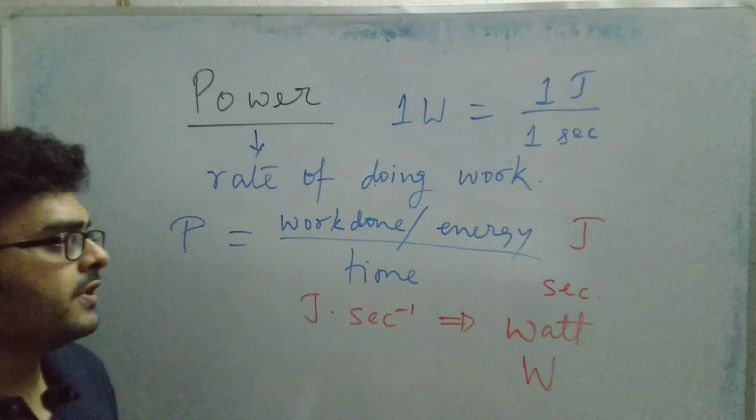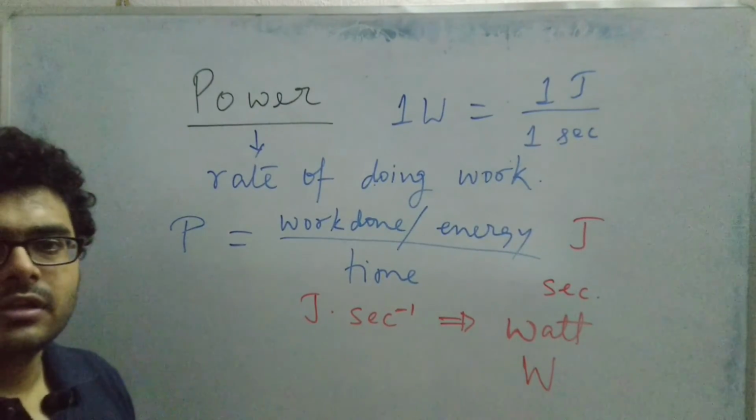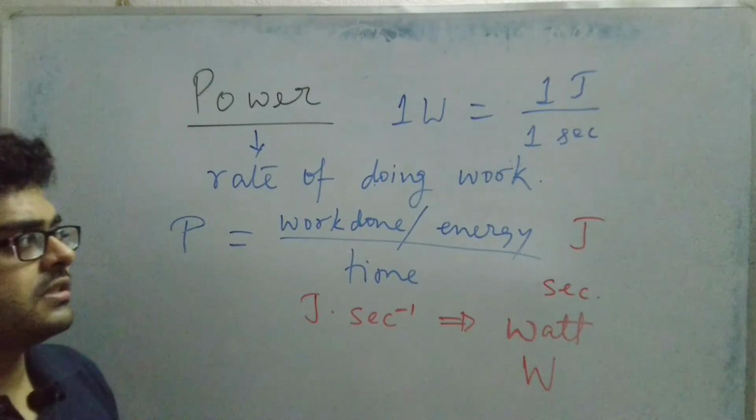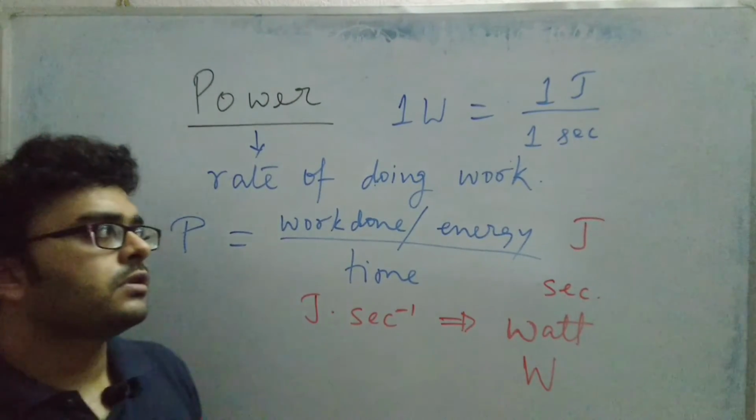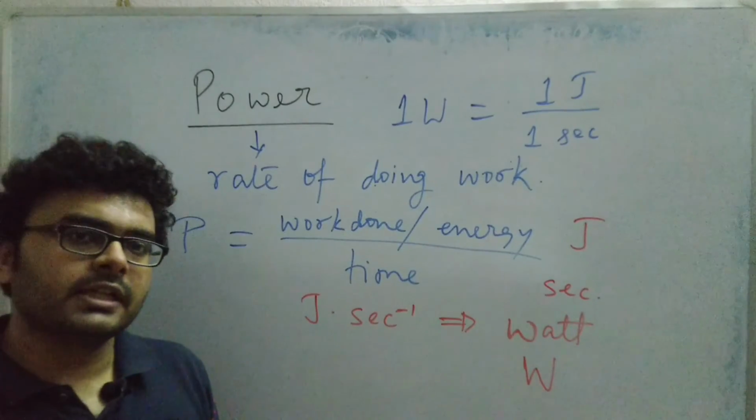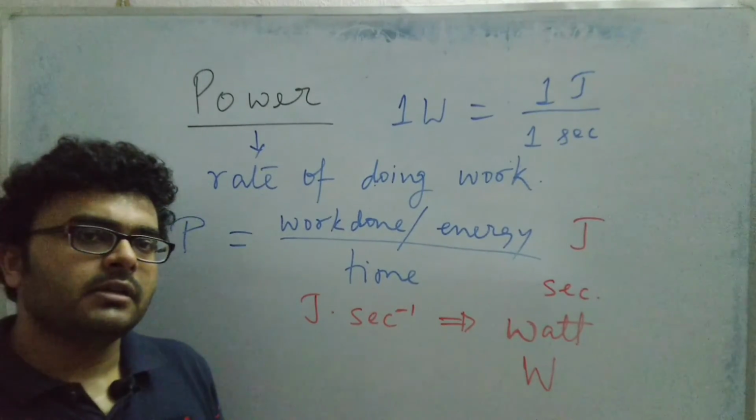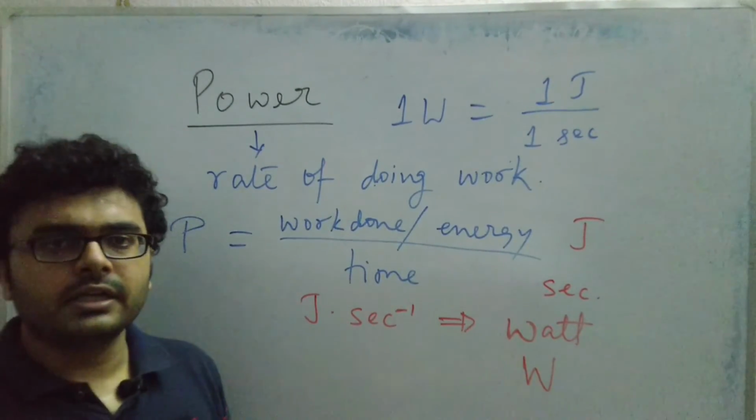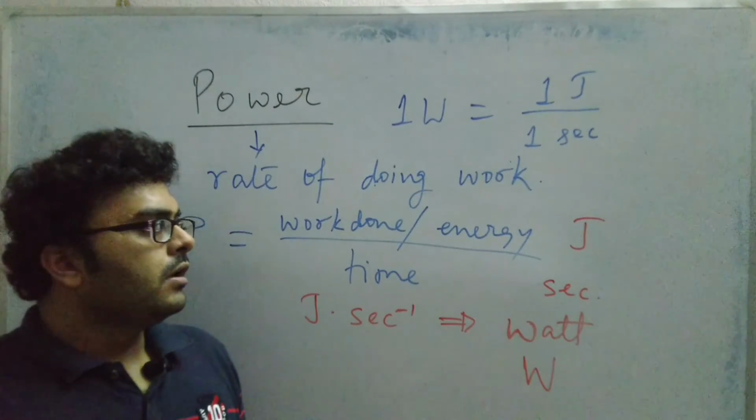So 1 watt can be defined as the power developed by a body when it does work of 1 joule within a time frame of 1 second.